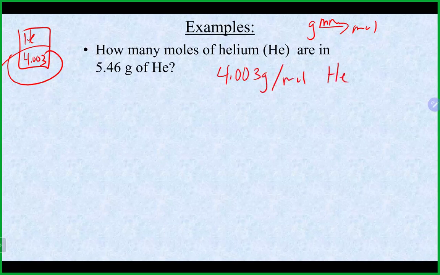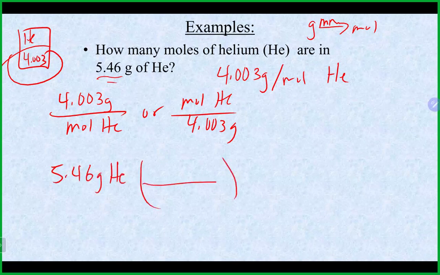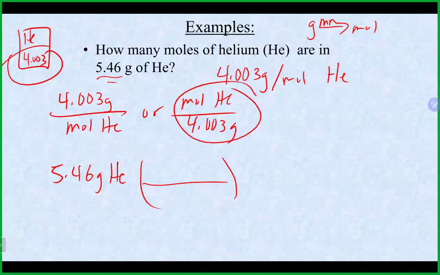And again, we could use it as really two types of conversion factors, such as this. And here we're going to start with what was given to us, so 5.46 grams of helium. Remember, when we do dimensional analysis, opposites cancel, which means we are going to roll with this conversion factor here.